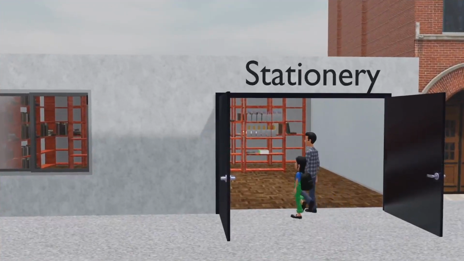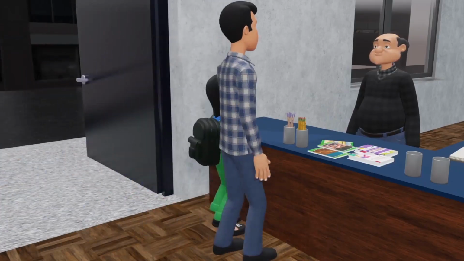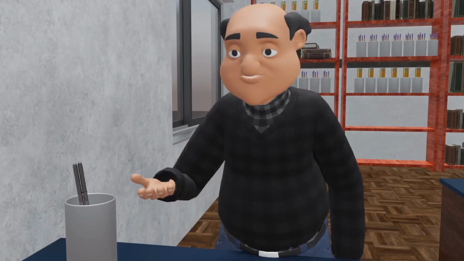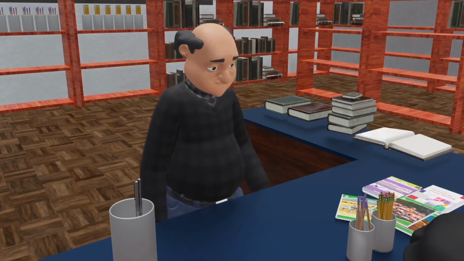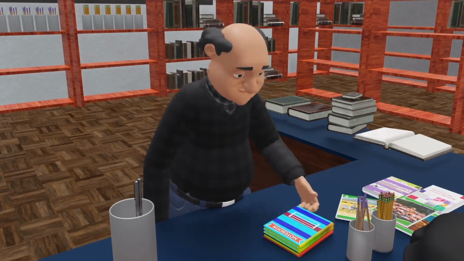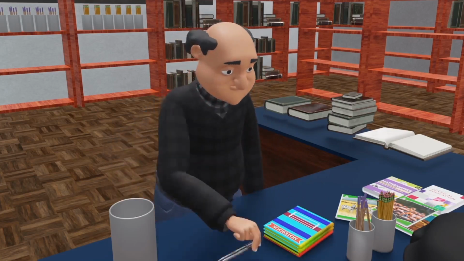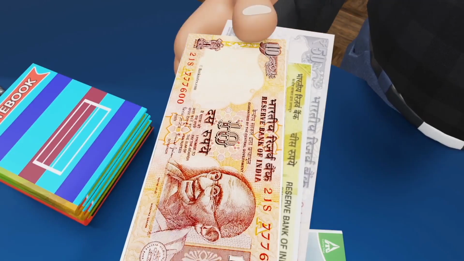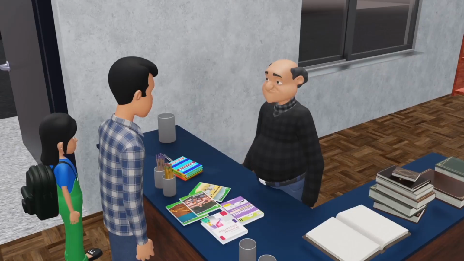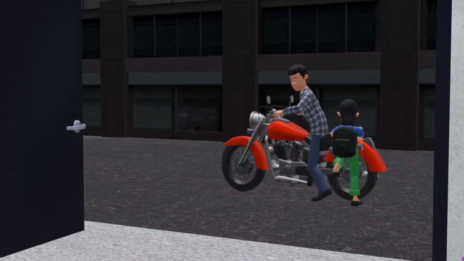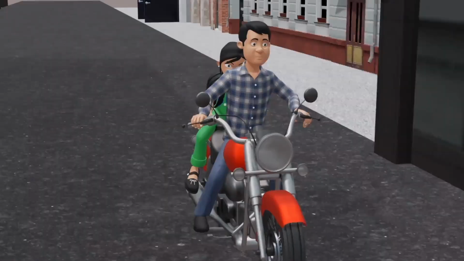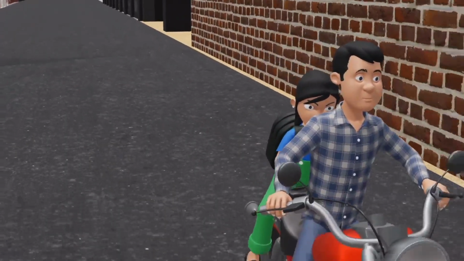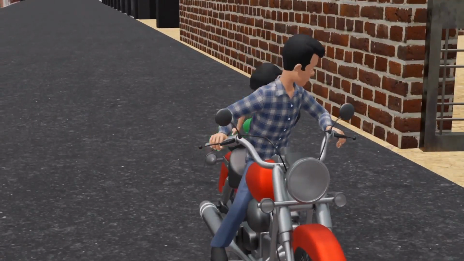One day, Siri and her father went to a bookshop. How can I help you? I need 3 notebooks and 2 pens. Okay, I will give. How much are they? 80 rupees, sir. Okay, take it. Later, Siri's father dropped her in school.